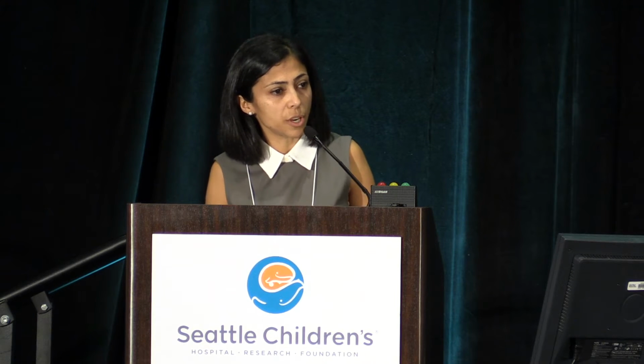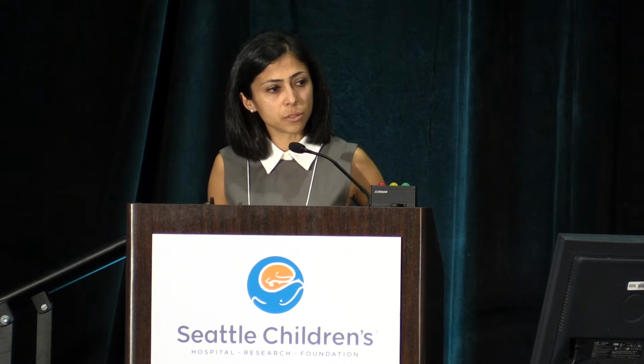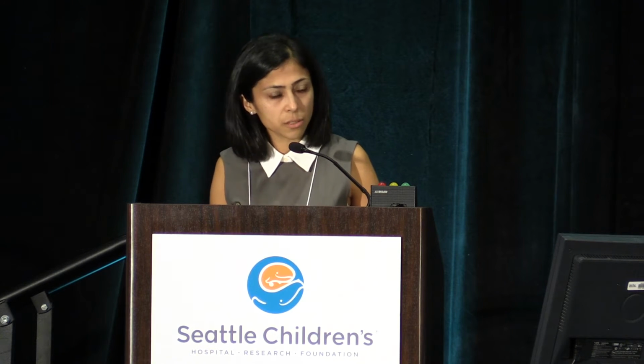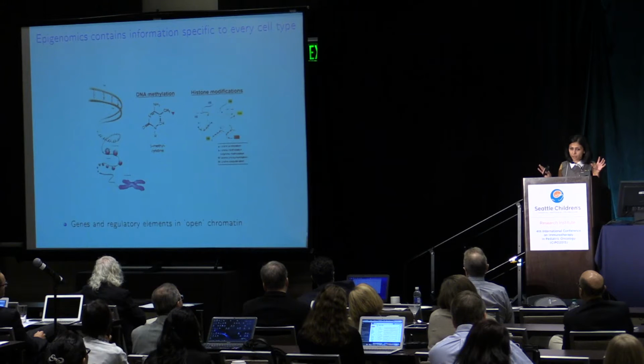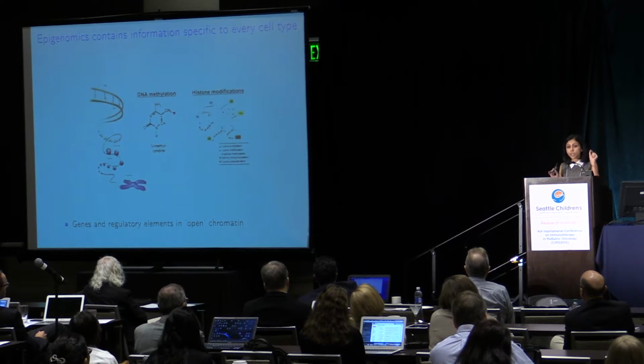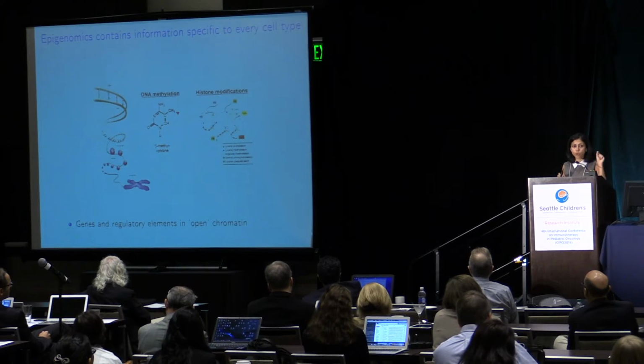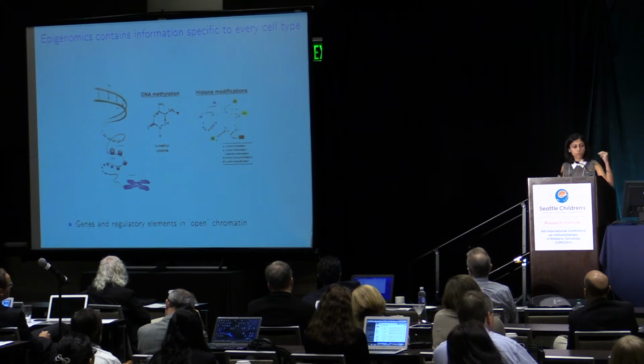Open chromatin sites are typically flanked with nucleosomes with unique combinations of histone modifications. For example, open chromatin sites that are close to genes are usually flanked with nucleosomes where lysine 4 on histone 3 can go under trimethylation, or H3K4 trimethylation.